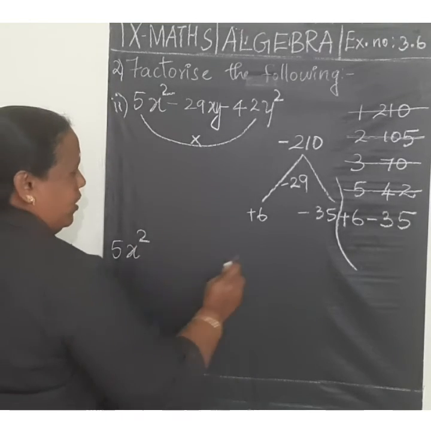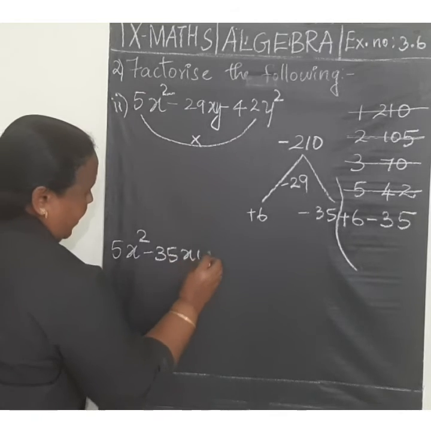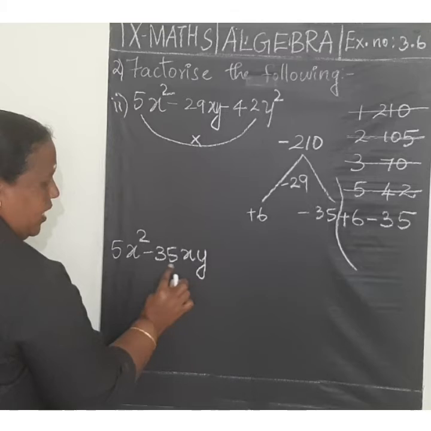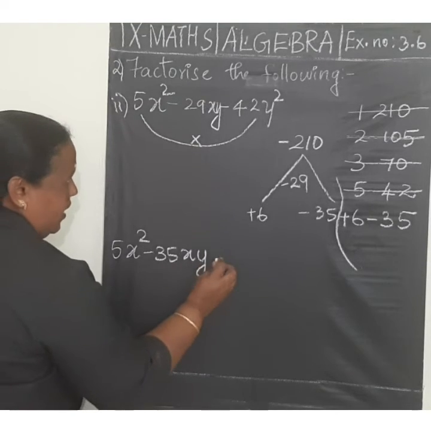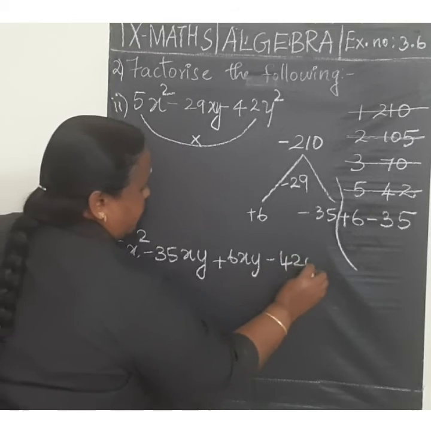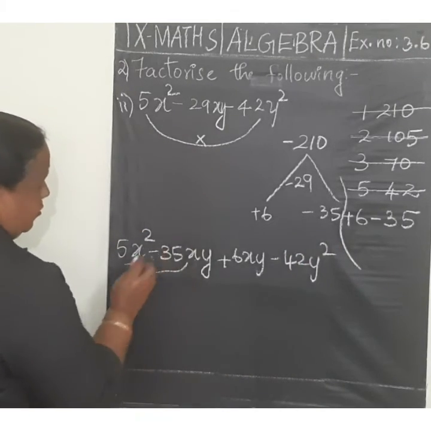So according to that, we are taking here minus 35xy. If we write 35, we can take 5 as common. So we are writing here minus 35xy plus 6xy minus 42y squared. Now we have to combine the first two terms.